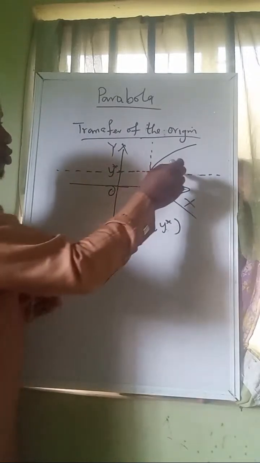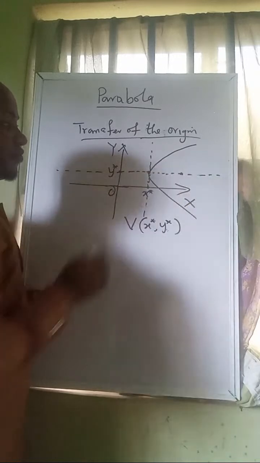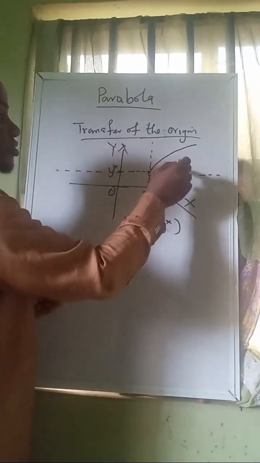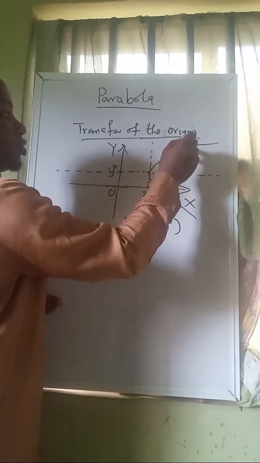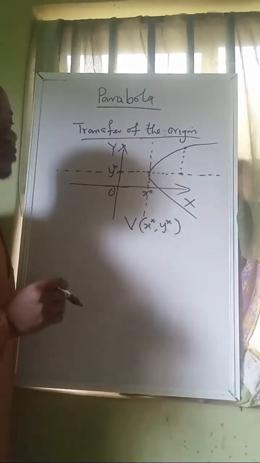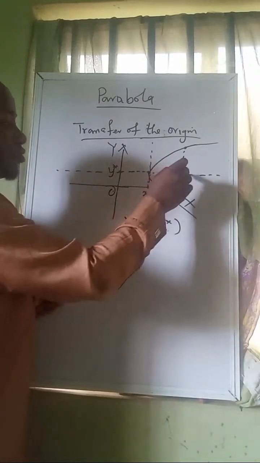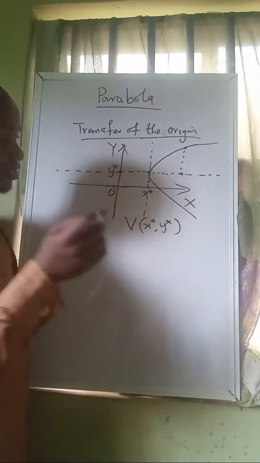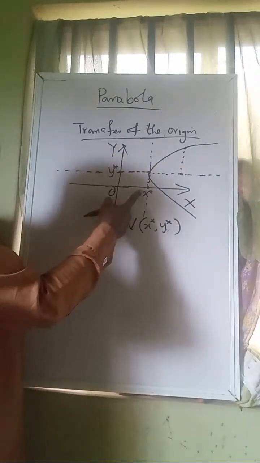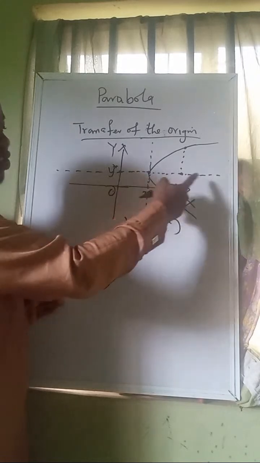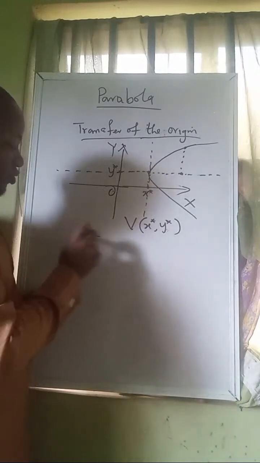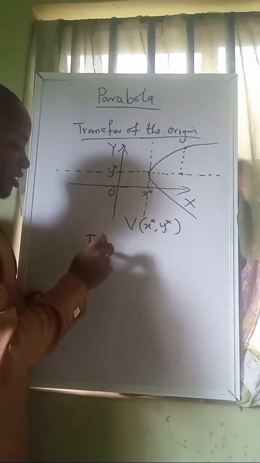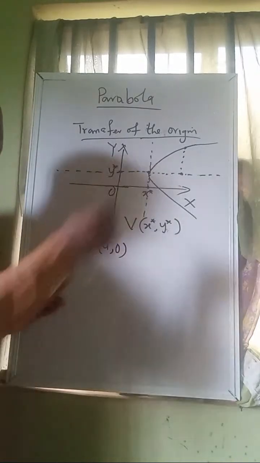Now suppose we have the focus of this parabola, just like we did for the previous one. If the focus is A as it was before, we now see that the focus has been shifted. The initial one is A, 0 for a curve like this.